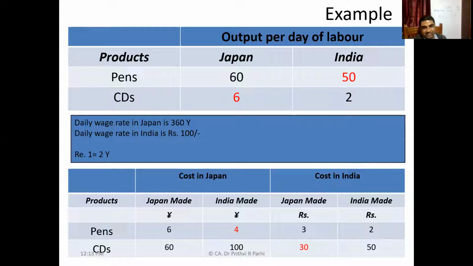Which is cheaper? India. Also compare on the India side, which is cheaper, Japan made or India made CDs? Japan made. So this shows that with international trade between these two countries, Japan will be a gainer if it imports pens from India, and India will be a gainer if it imports CDs from Japan.